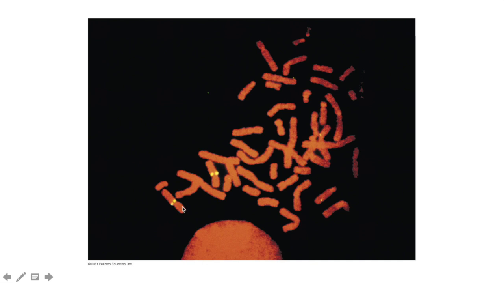So one of these chromosomes came from mom, the other came from dad, and the same gene, the same instructions for a particular protein are encoded about the same spot near the centromere on those homologous chromosomes. That's pretty cool, don't you think?